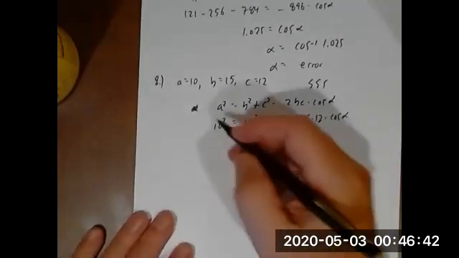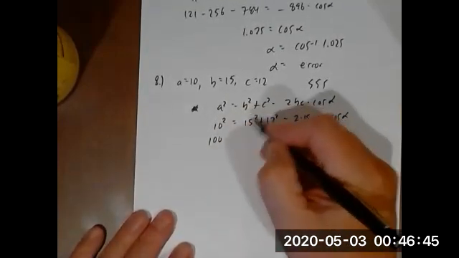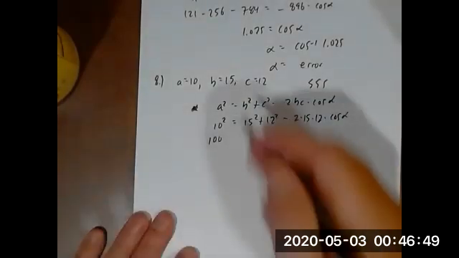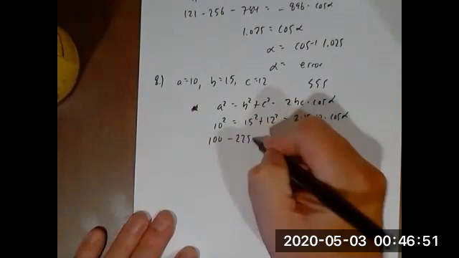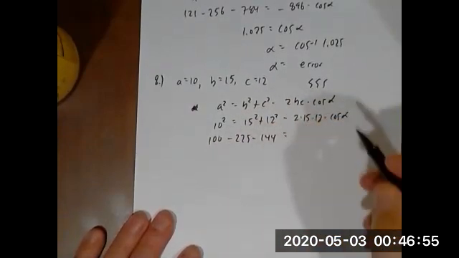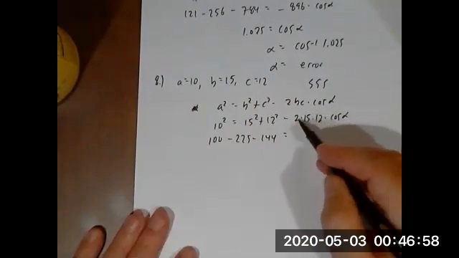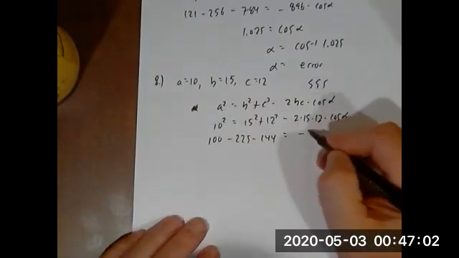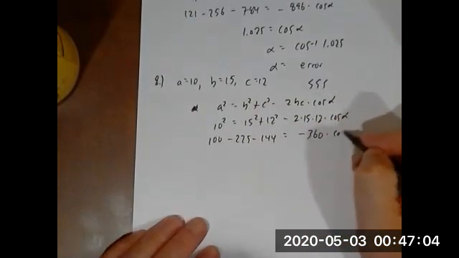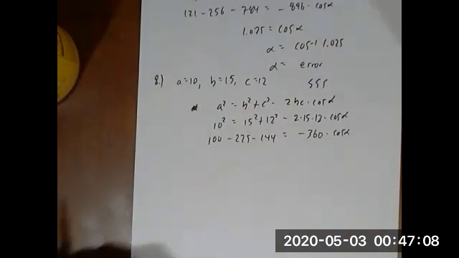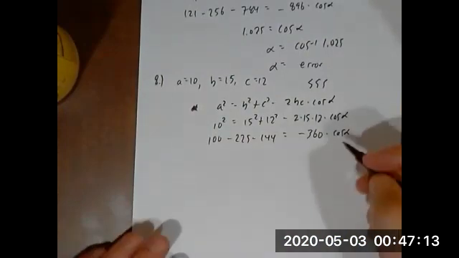We've done this a lot now. This is 100. I'm going to subtract 15 squared, 225, and then subtract 12 squared, which is 144. And that equals 2 times 15, which is 30, 30 times 12, pretty sure is negative 360. I better confirm that. Yep.